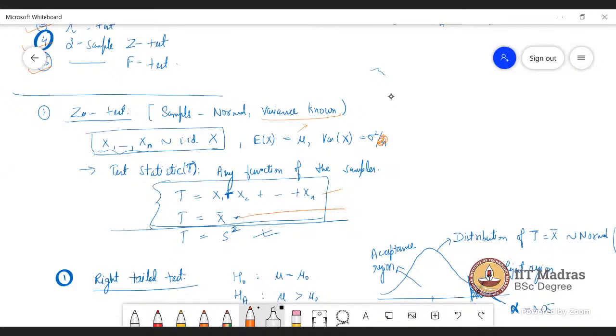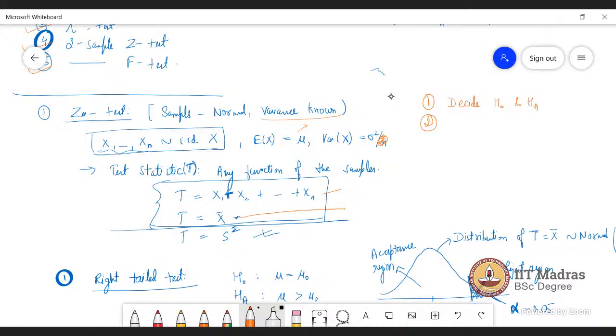Okay, and once you decide your test statistic, you will have to decide your test. What is the test that you are going to use? So once you have decided what is your null hypothesis, what is your alternative hypothesis, the first thing that you should always look for is decide H0 and HA.